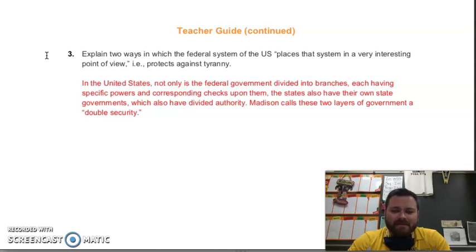But the states numerically win. They have so many more powers. The states have so much more power to impact your life on a day-to-day basis because the states get any power not already given to the federal government. And you have to have circumstances play out through something like the necessary and proper clause in order for the federal government to expand its power.